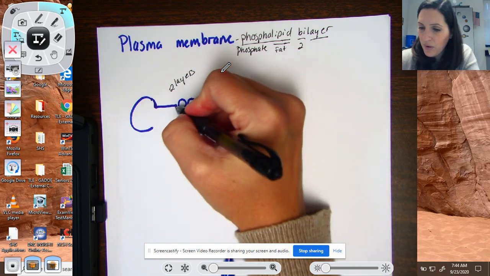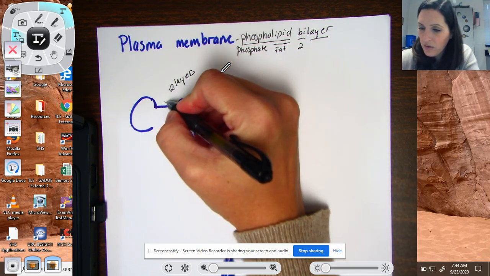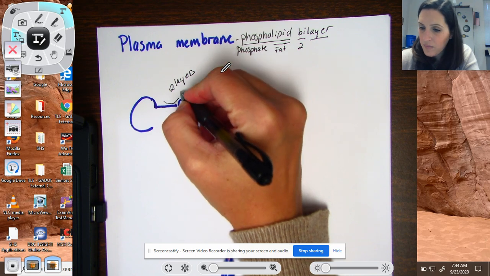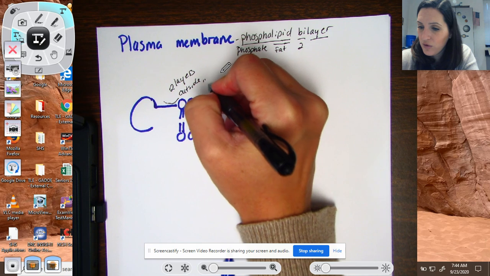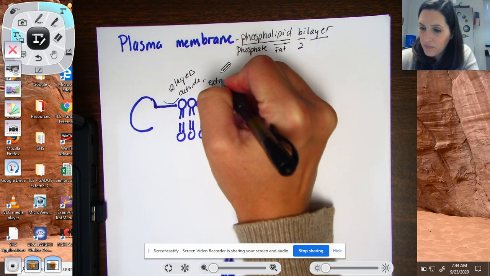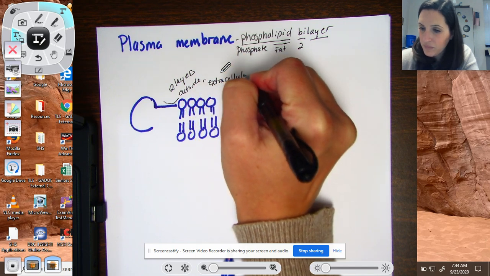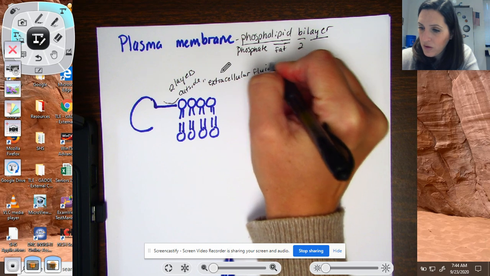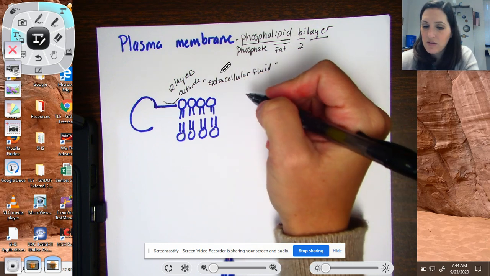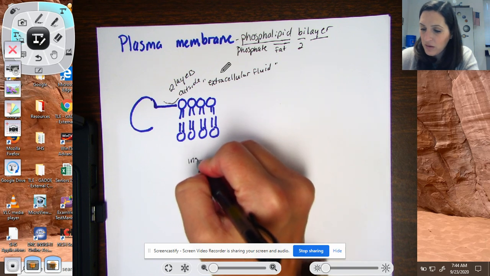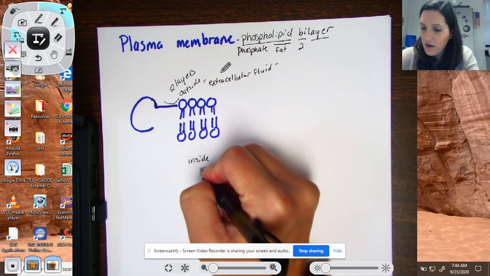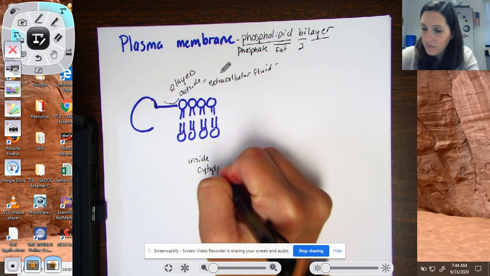Let's say that this part is the outside, and they're going to call this the extracellular fluid. So that watery environment that the cell is in. In here, this is the inside, and this is the cytoplasm side.